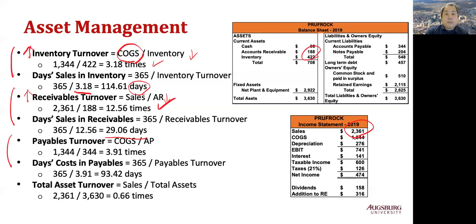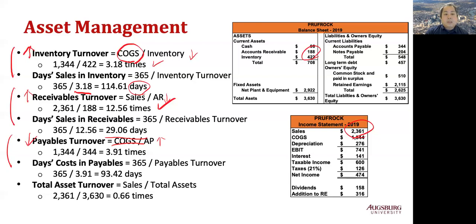Next is about payable, how long the company holds a payable. So if the company holds a payable longer, the account payable is relatively higher to the COGS, cost of goods sold, the payable turnover decreases.